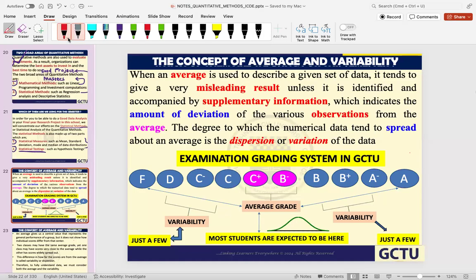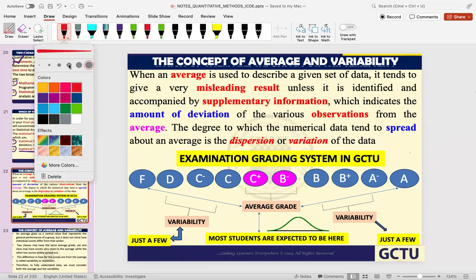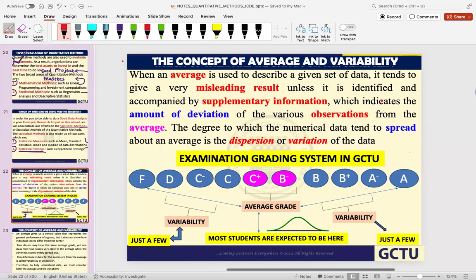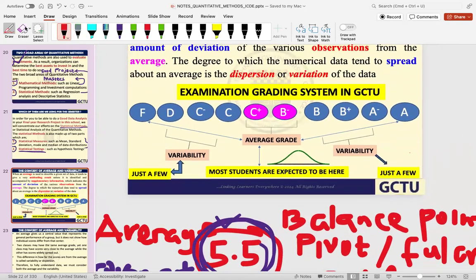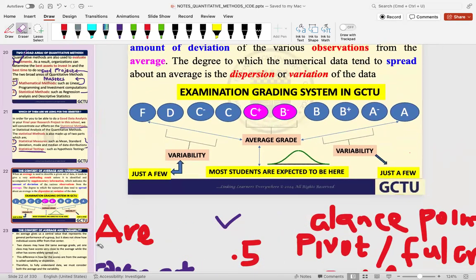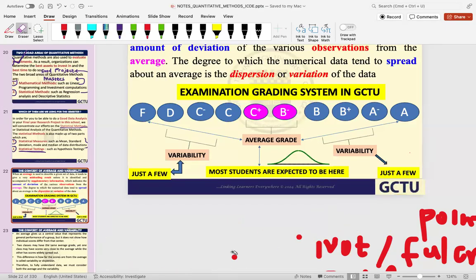In fact, the first one, which is the average, is called the center. And then the variability is called the spread.